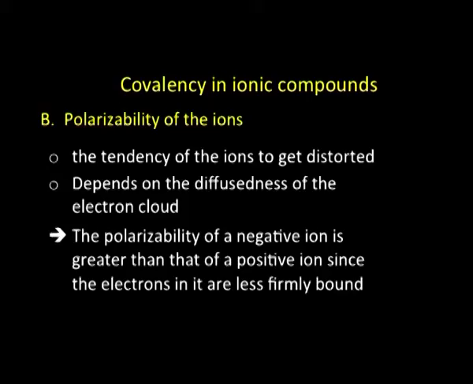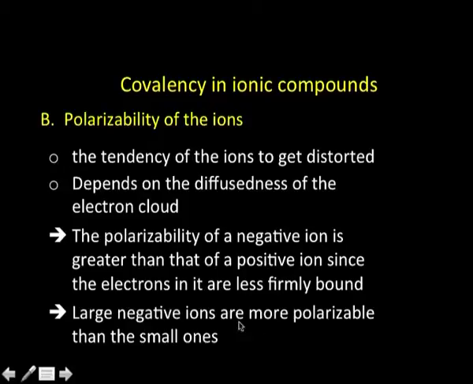So, they become easily polarizable. The polarizability of a negative ion is greater than that of a positive ion, because in the case of a positive ion the electrons are more firmly bound. And large negative ions are more polarizable than the small ones, which we just saw earlier also.